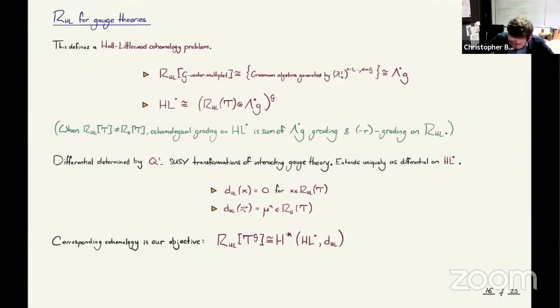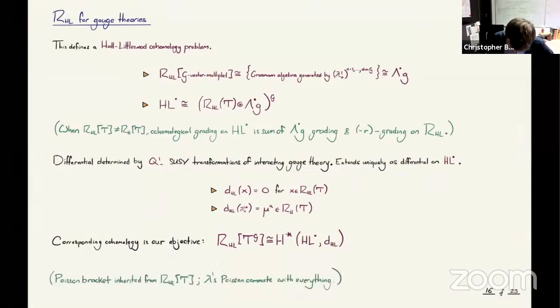It's going to be the Hall-Littlewood Chiral Ring of the theory that we get after gauging. And the Poisson bracket that you inherit is just such that these gauginos Poisson commute with everything. And you can check that the Poisson bracket still obeys the Jacobi identities when you do that.